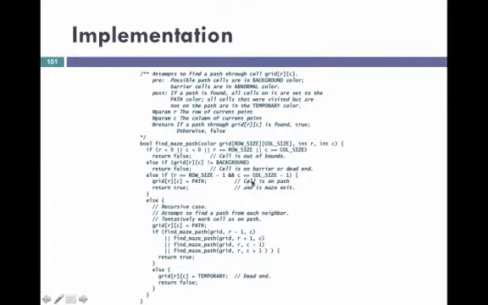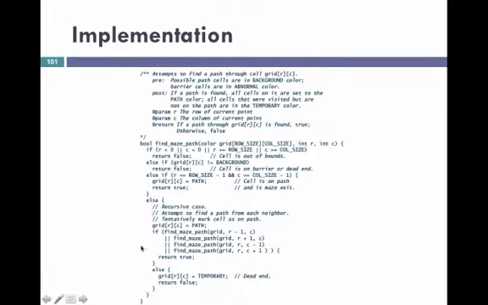If R and C point to the lower left hand or the lower right hand corner of the maze, then we've succeeded. We found our destination. We set that element to be on the path and return true.